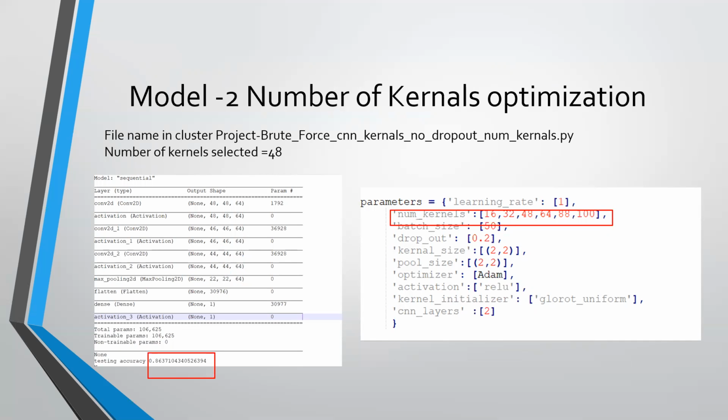We also did a few more optimizations in model 2, with kernels 16, 32, 48, 64, 88, and 100. We got the best accuracy with kernel 48. The accuracy improved over the first model, increasing from 85 to 86%.